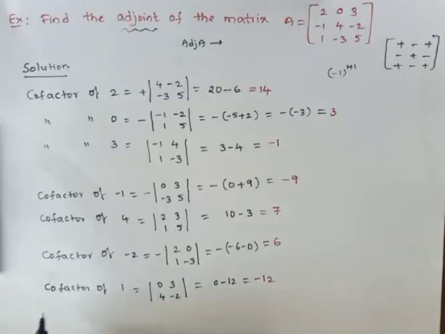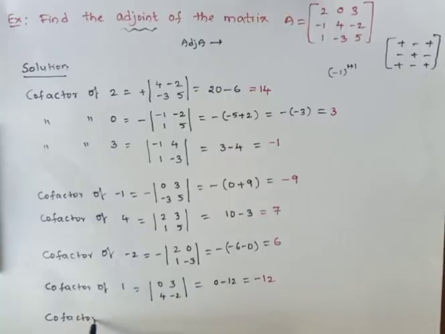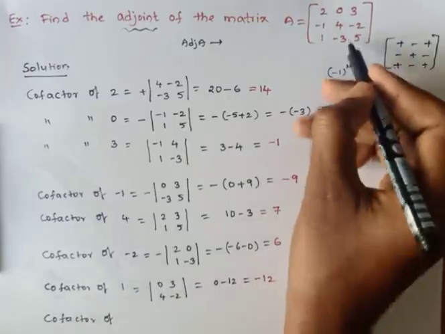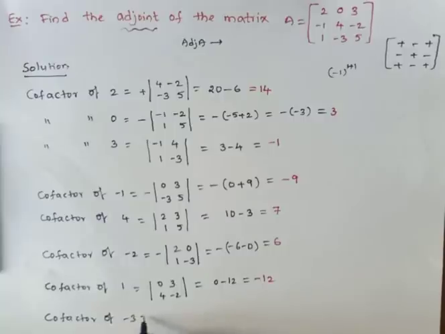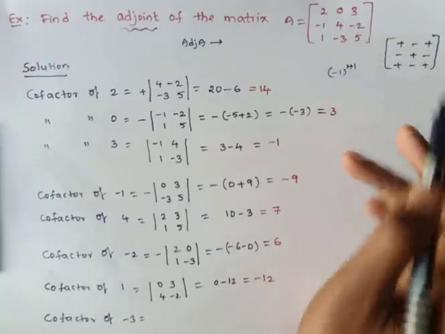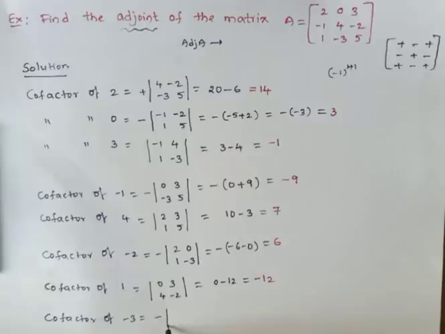Next, the cofactor of this element, -3. The sign of -3 is minus times the minor.